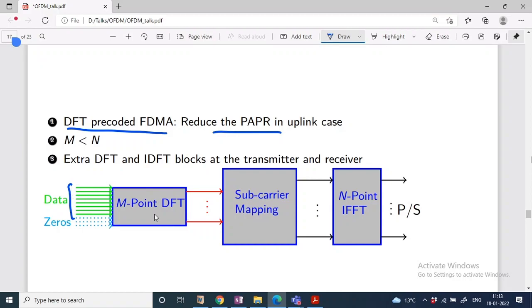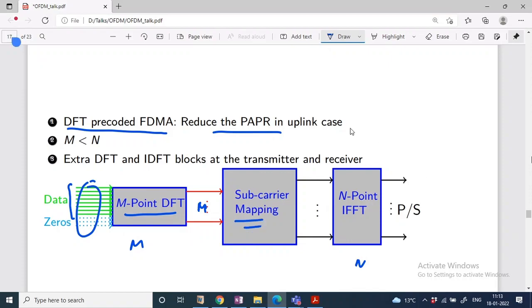Then we take the M-point DFT, and then do subcarrier mapping. So the data spreads over M, then we do the subcarrier mapping. This way we can reduce the PAPR.